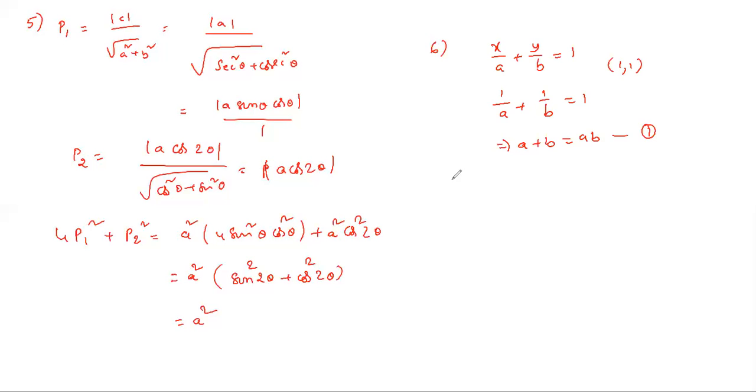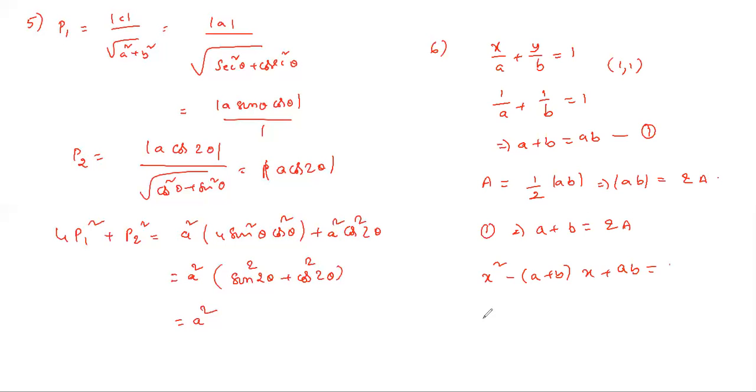Next, the area is 2a. What is area? Half of mod ab. So this is equal to mod ab equals 2a. So from 1, a plus b equals ab means 2a. So you can write the quadratic equation x square minus sum of the roots into x plus product of the roots equals 0.